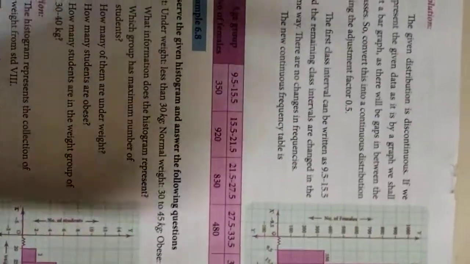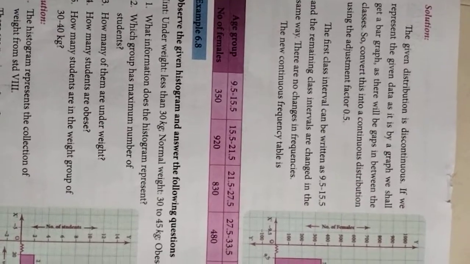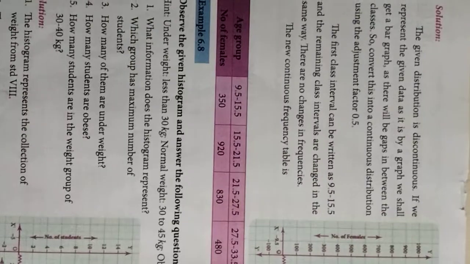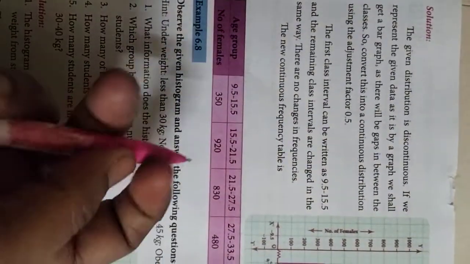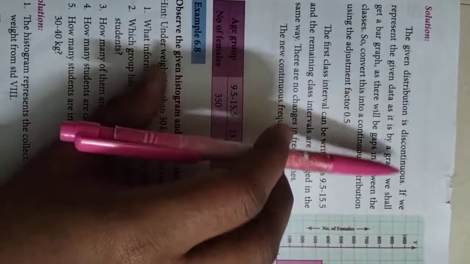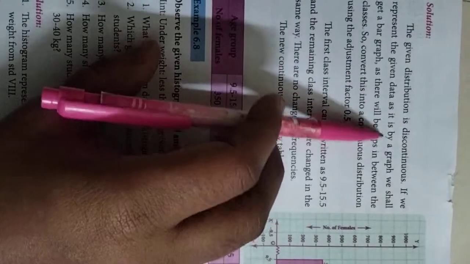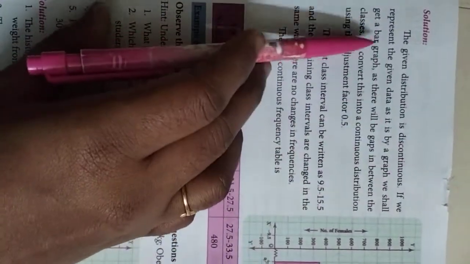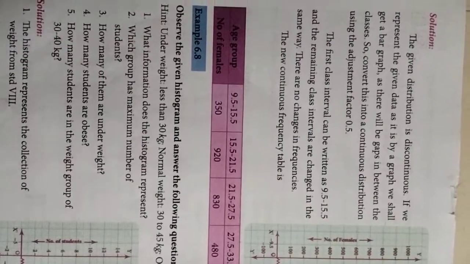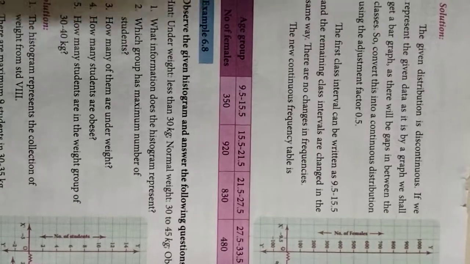So according to this, first of all we have to calculate the continuous distribution using the adjustment factor. Understand? The adjustment factor is very important, because this given distribution is discontinuous. If we represent the given data as it is by graph, we shall get a bar graph. We should not get a bar graph. Here they ask us to draw the histogram.